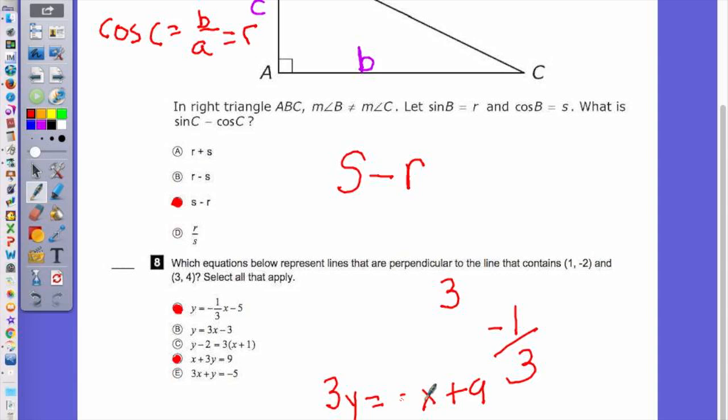And then I saw, oh yeah, when I divide this by 3, I'm going to get -1/3. On this one, y equals -3x. Well, that's not a negative reciprocal. This is really Algebra 1 to me. But hey, what do I know?